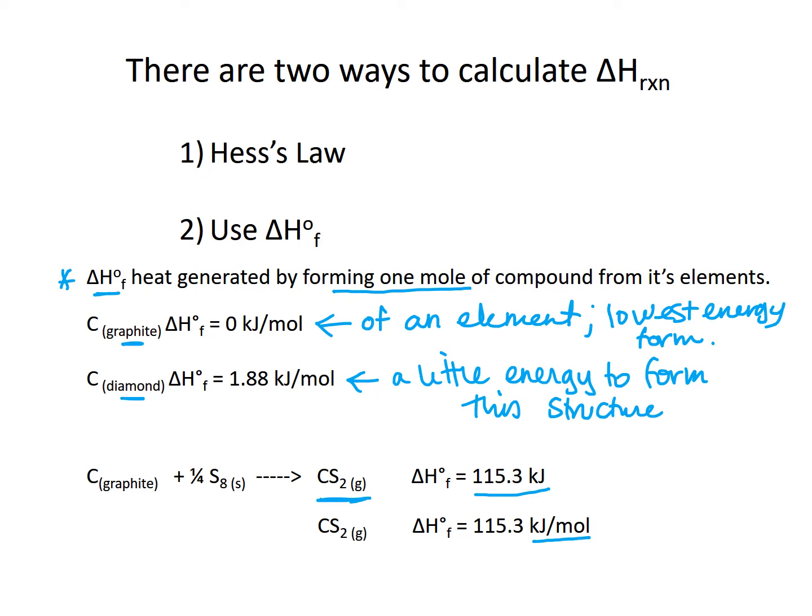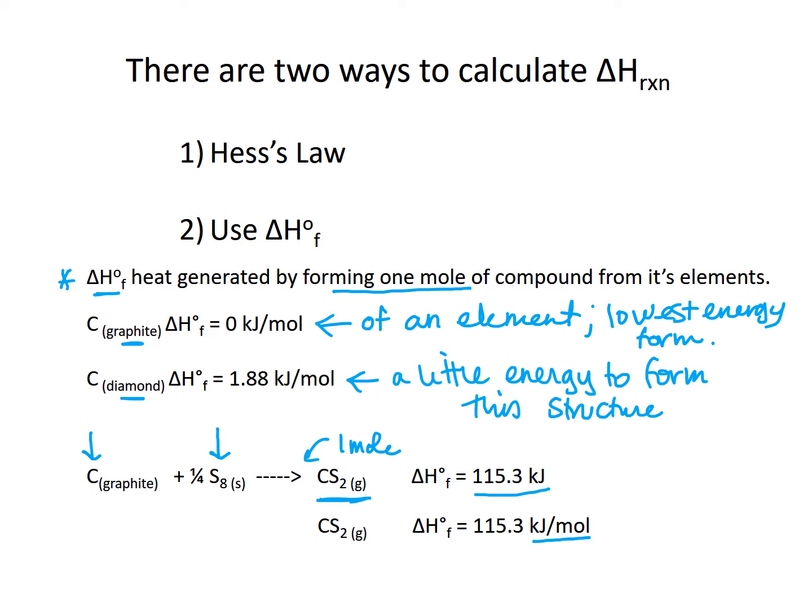So I take carbon disulfide and I'm forming 1 mole from its elements. So I kind of rip this thing apart. And this is all theoretical, so this is not how it's made in a lab. I mean, this compound might be, but not all of them will be. So when I rip this apart, I take the lowest energy of the carbon, which is graphite, and I take the lowest energy sulfur, which is S8.